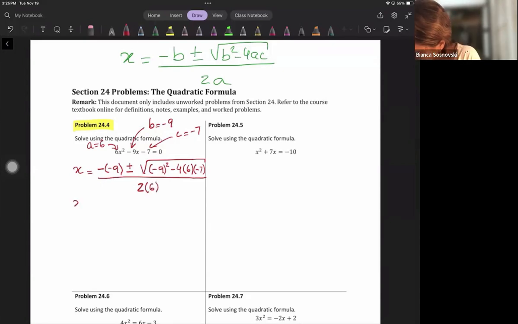Okay, I have that negative 9 is positive 9, so this is just 9. Plus minus, inside the square root, when you follow PEMDAS, the square has priority, so that will be done first. Negative 9 squared is positive 81. And then the next thing would be the multiplication of negative 4 times 6 times 7.